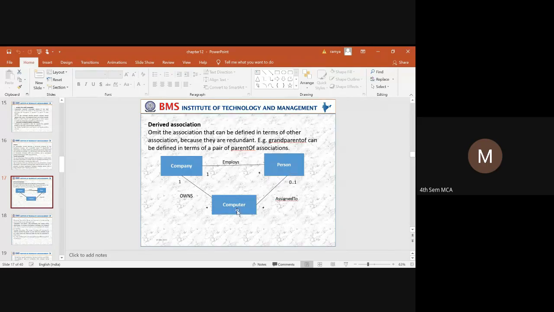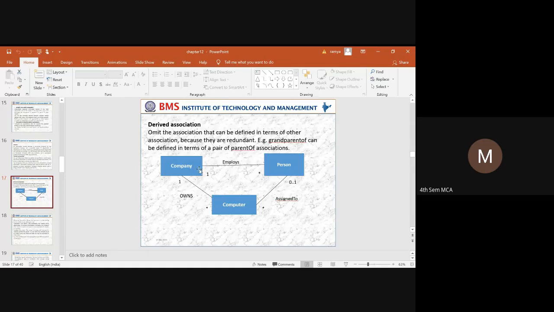That means this computer is a child class. The associations owns and assigned to are the child associations of employs.